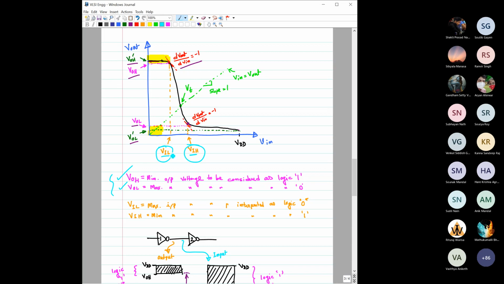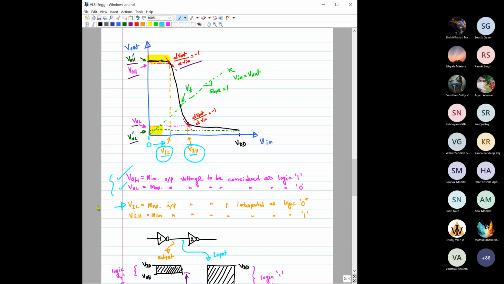VIL is the maximum input voltage that can be interpreted as logic 0 in the input. So any voltage from 0 on the input side to VIL is considered as logic 0.